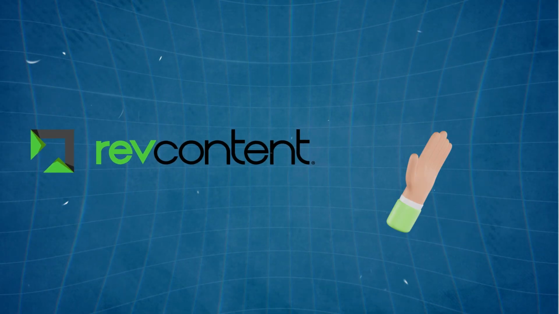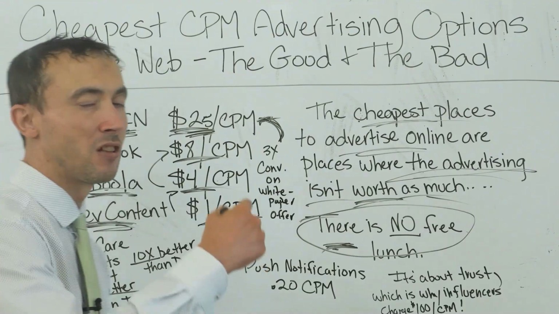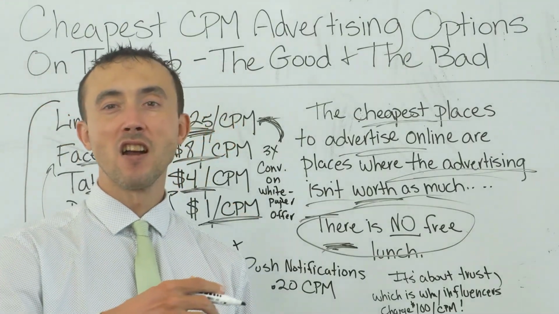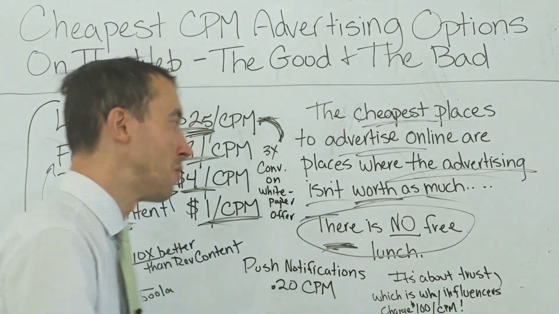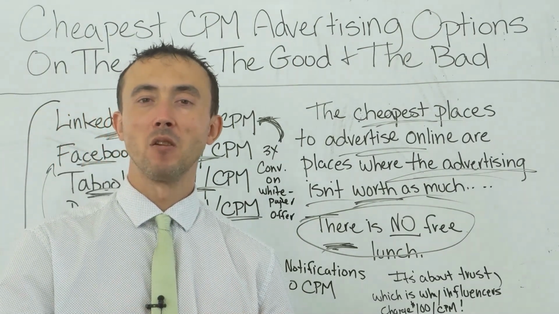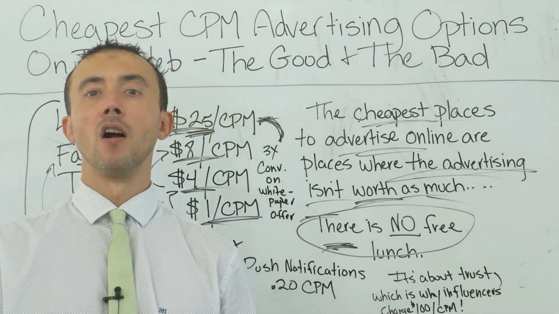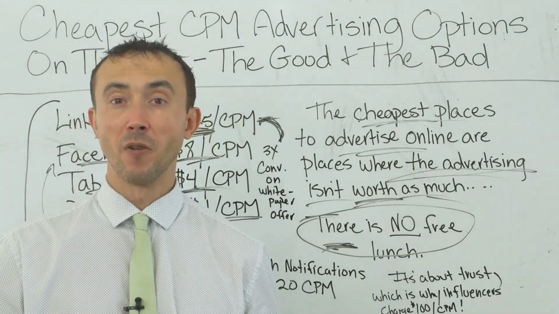RevContent will charge about $1 CPM, so way less than Taboola for a similar looking ad. The reason why somebody would take RevContent to make money from ad space on their website is because the web content is sketchier, or they have sketchier traffic that doesn't convert as well.